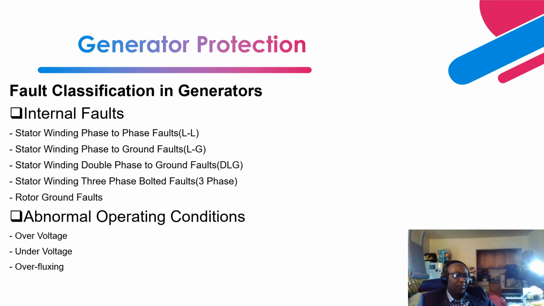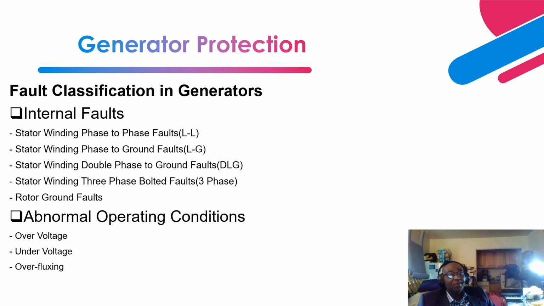Now let's talk about fault classification in generators. We can talk about internal faults and abnormal operating conditions in the generator. For internal faults, we can have phase-to-phase or line-to-line faults in the generator. We can also have phase-to-ground faults, double phase-to-ground faults, three-phase faults, and rotor ground faults. A lot of these are due to insulation failure, core damage, and also deterioration of the insulation with time, right?